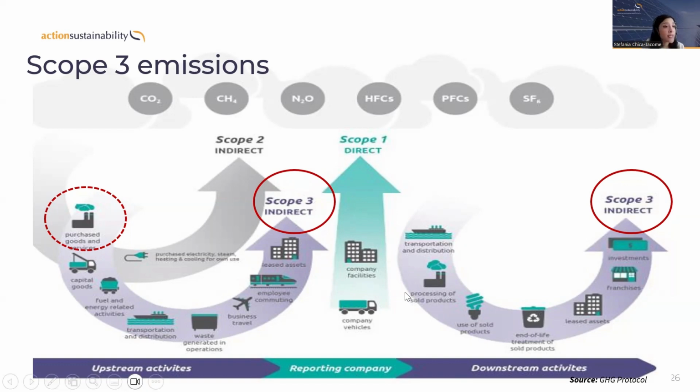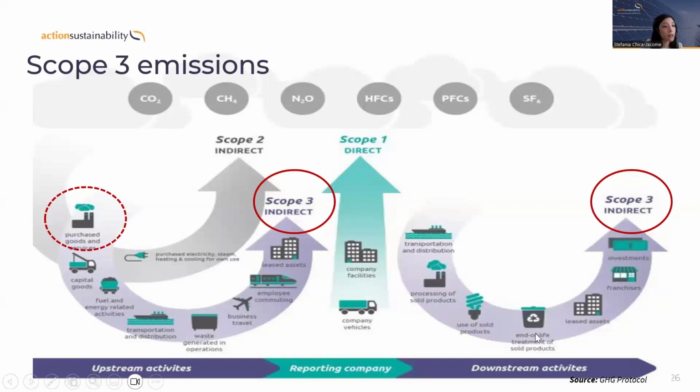Then we have processing of sold products, which are emissions from further processing of products by third parties after you sell the product. Use of sold products are emissions from the use of those products by the end customer. Okay, for example, if you're an automaker, the emissions from driving those vehicles by the new owners would fall under this category, use of sold products.